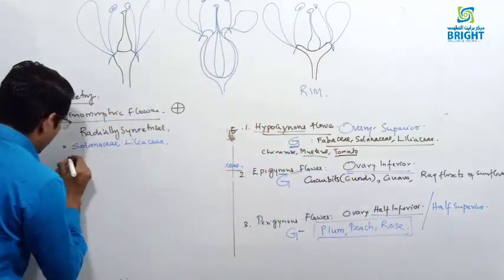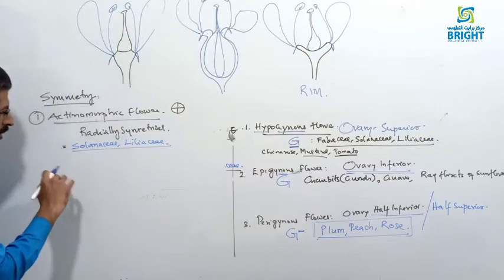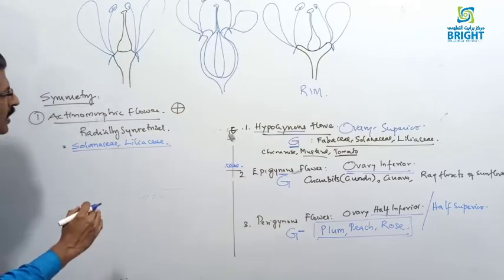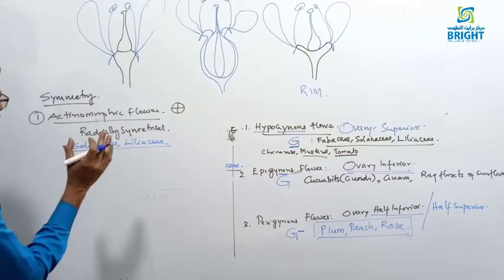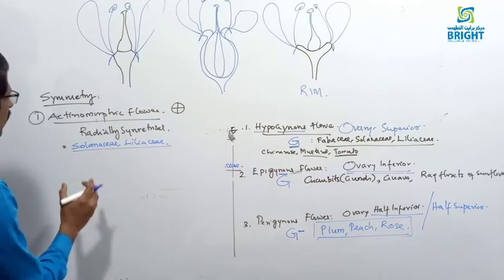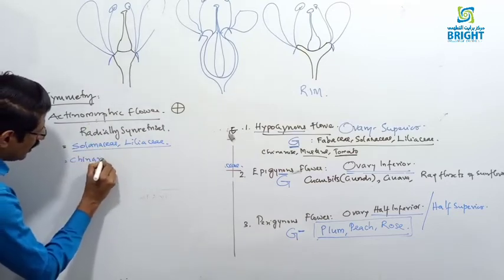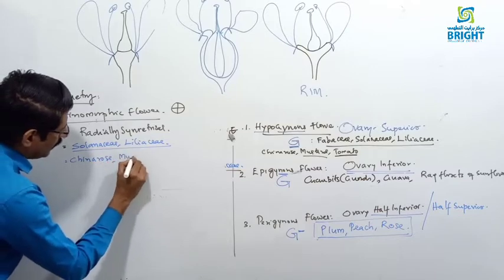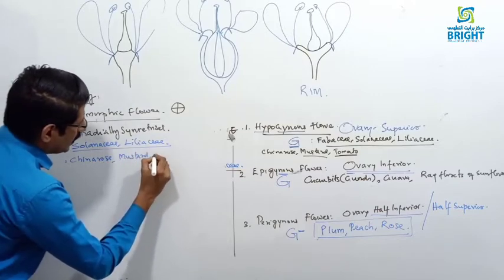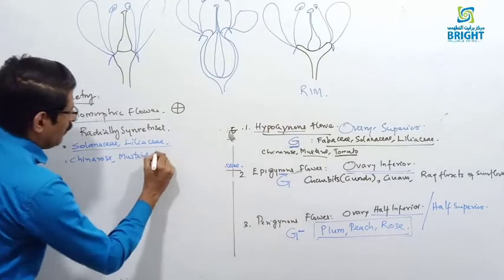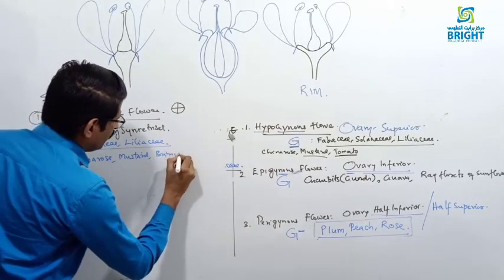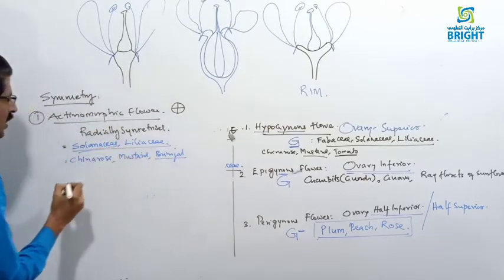And all the family members represented as per the NCERT are eligible for the actinomorphic flower. Other examples are China rose and mustard, and brinjal. Brinjal is a member of Solanaceae.